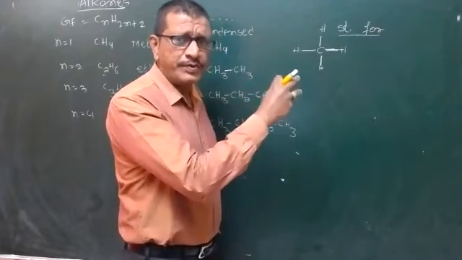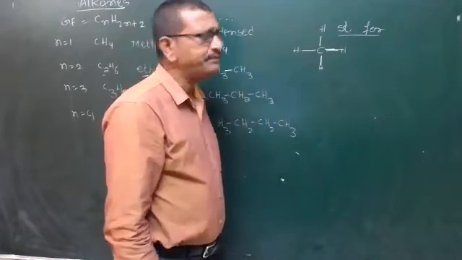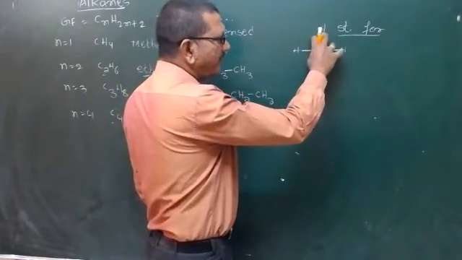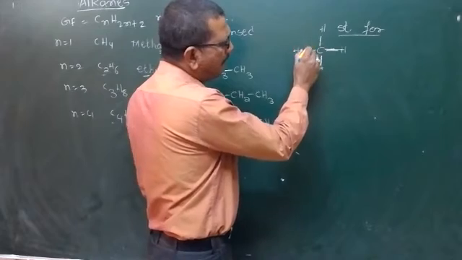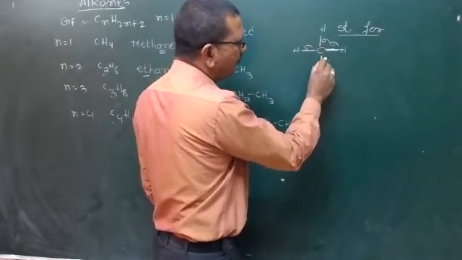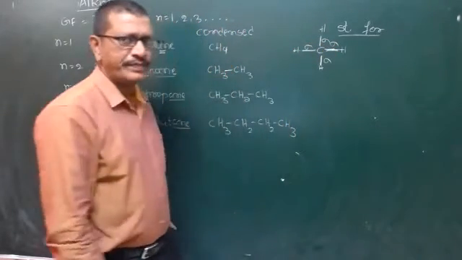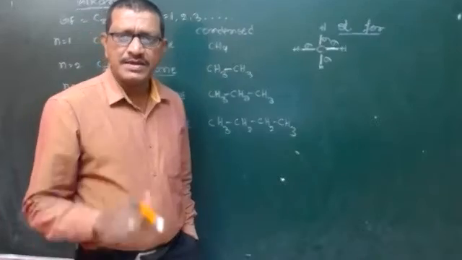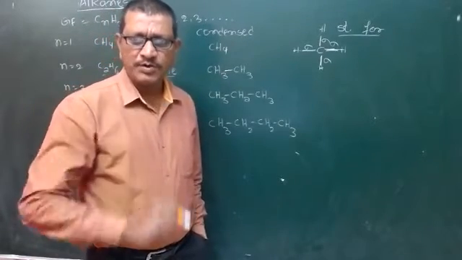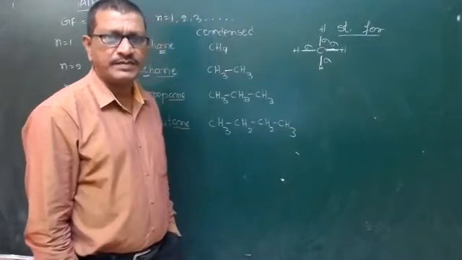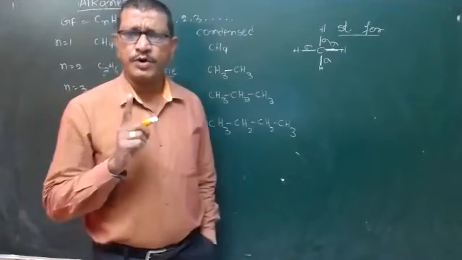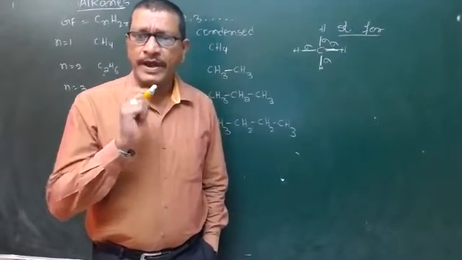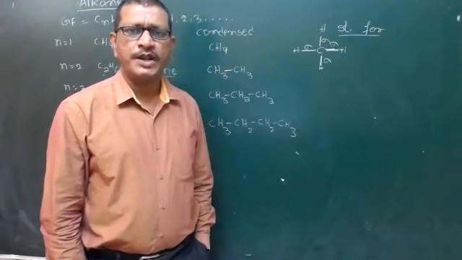We can learn that point in the hybridization concept. That's why in this one, 4 sigma bonds are present around the carbon. That means a single bond is a sigma bond. I told one more point: a pi bond is also a covalent bond.